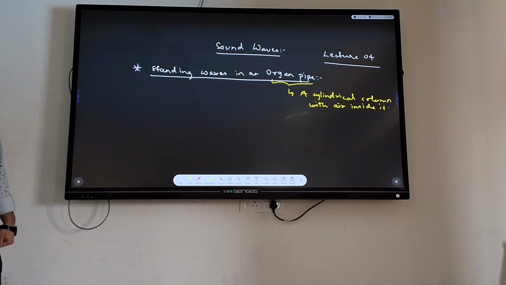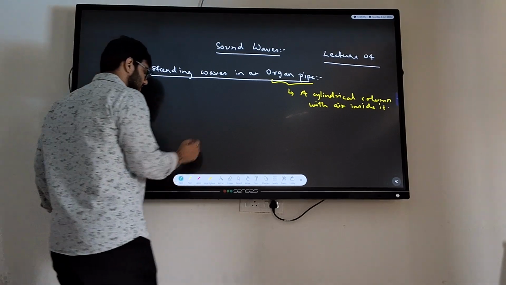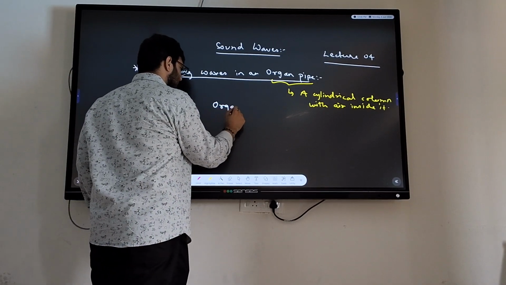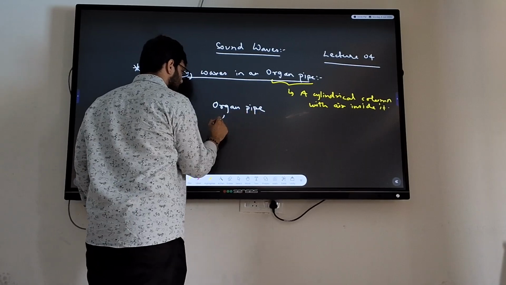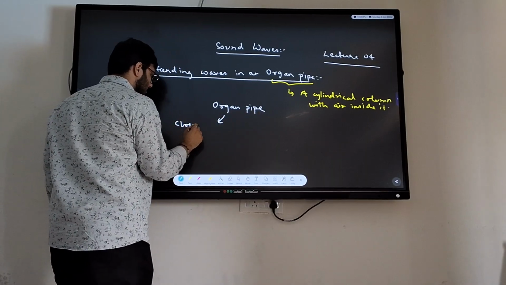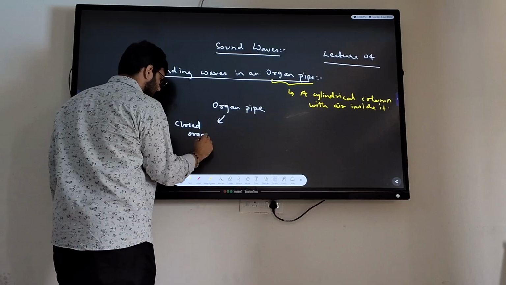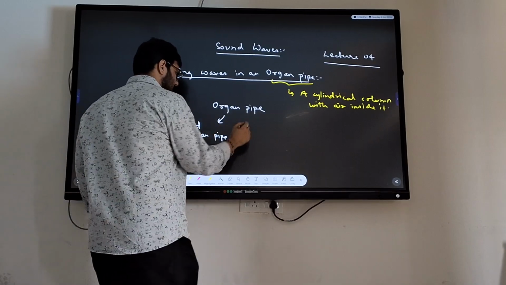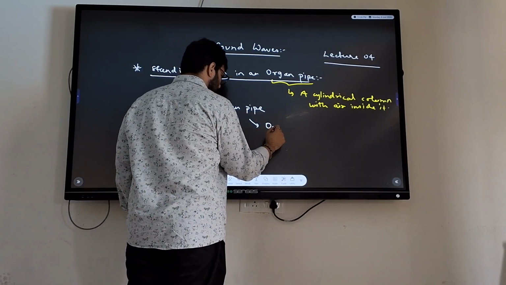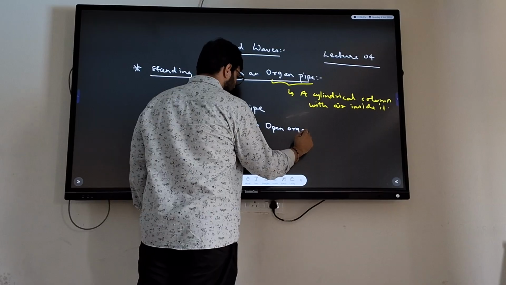Anyways, so this organ pipe comes in two categories, and we will try to study the standing wave formation in both of them. One of them is closed organ pipe, and one of them is called open organ pipe.